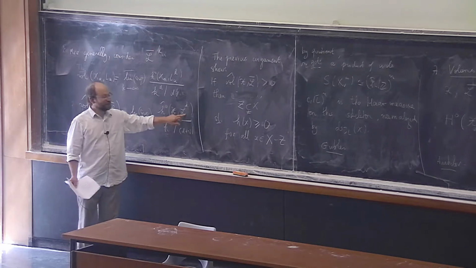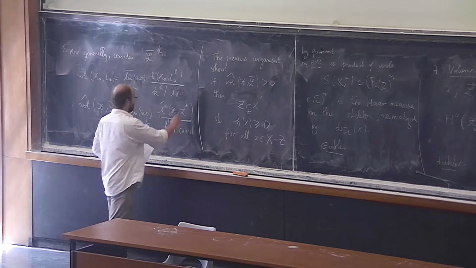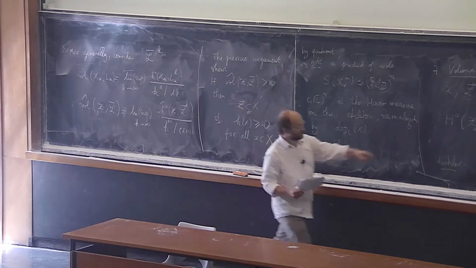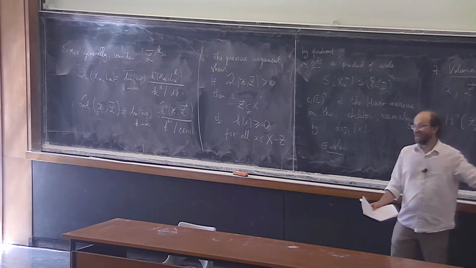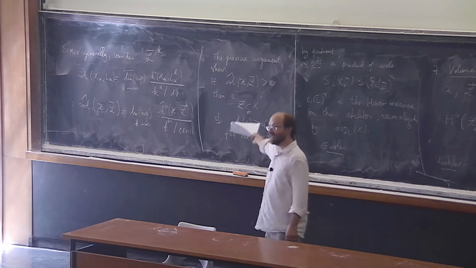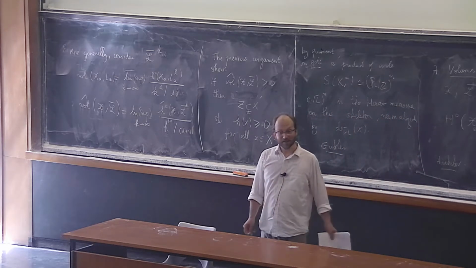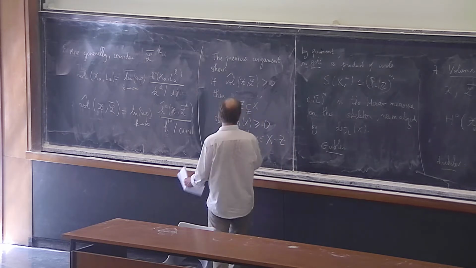So I take a section of L bar to the k, and I play this game with L bar to the k. And outside of the divisor of this section, the height will be negative. Okay?